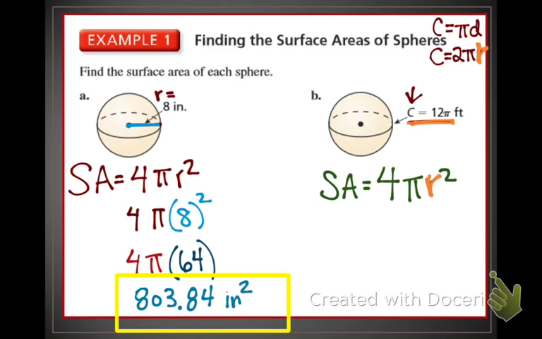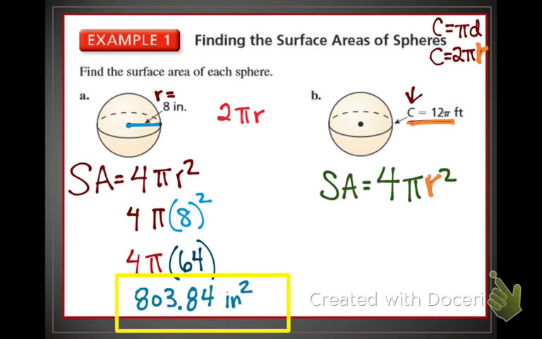So instead of circumference, we're actually going to write in the circumference formula, because if the circumference equals 2 pi r and this circumference equals 12 pi, then we can set these two things equal to each other. So I'm going to do that over here.